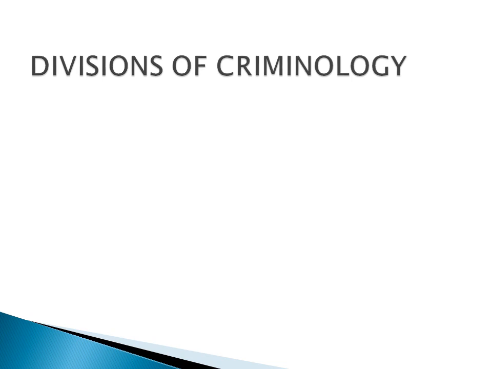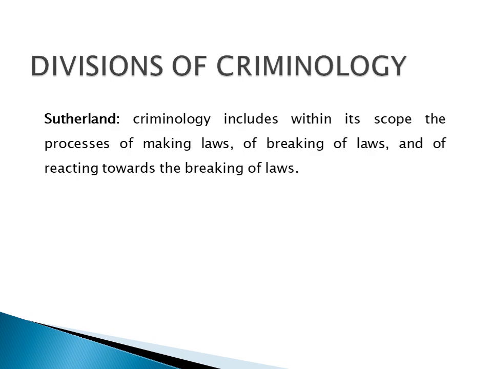According to Sutherland, the science of criminology includes within its scope the processes of making laws, of breaking of laws, and of reacting towards the breaking of laws. In accordance with the Sutherland description of the scope of criminology, we can divide it into three divisions.